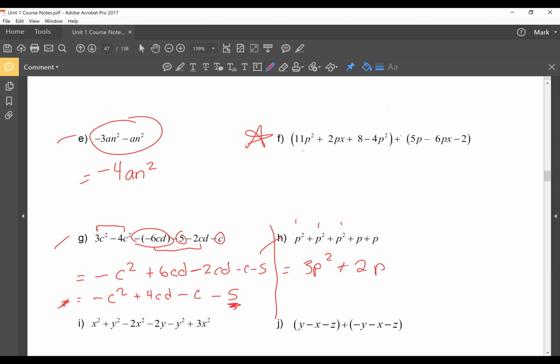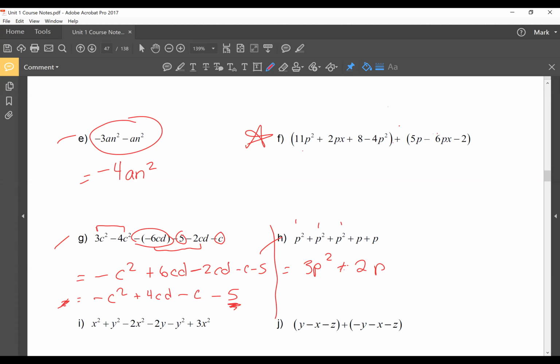We always do brackets first. But again, another warning: if this sign here was a negative, you need to distribute that negative in, which means it would change the sign of everything. So be very careful when you see negatives outside of brackets. We looked at that a little bit in the last section, and we'll look at this more in the next section. Anyways, that's not part of this question, so let's go.